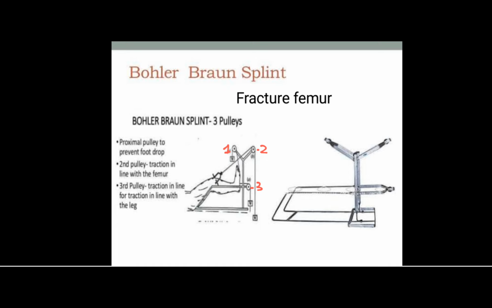The first pulley is attached to the foot. Then the second is giving traction to the femur, and the third is traction in line with the leg. Okay. First foot, then the femur, and third one the tibia.